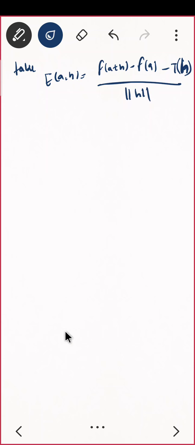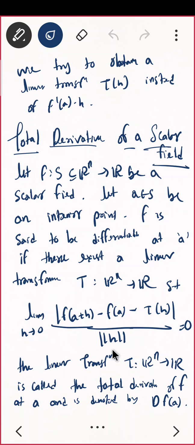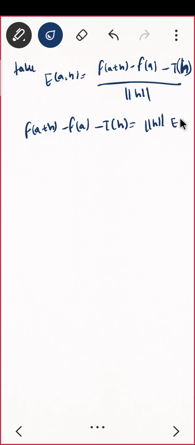The limit we had to compute, I called E(e,h). So we get f(e+h) − f(e) − T(h) equal to norm h into E(e,h).